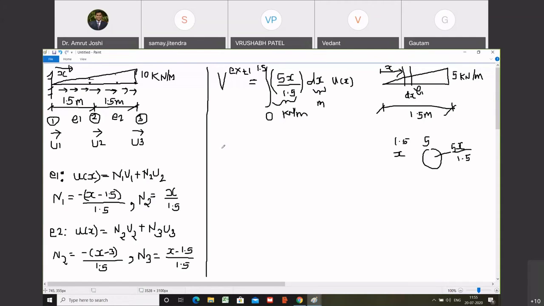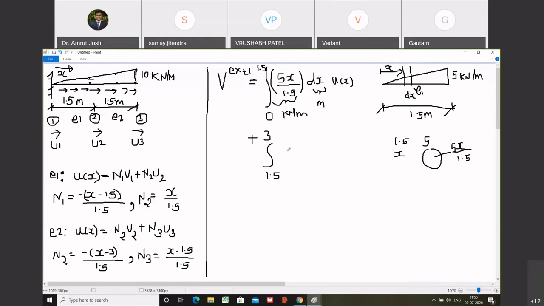Right. Now let us try and write down the potential energy associated with the external load over the second element. Can we write it down easily? How? I am going to just change the limits. Integration would be performed from x is equal to 1.5 to x is equal to 3. Do you agree with me?